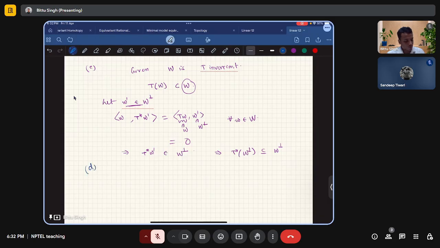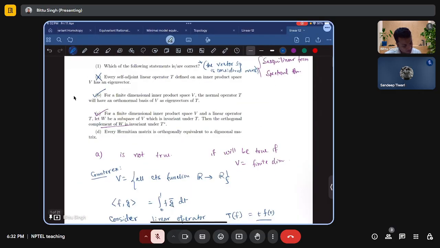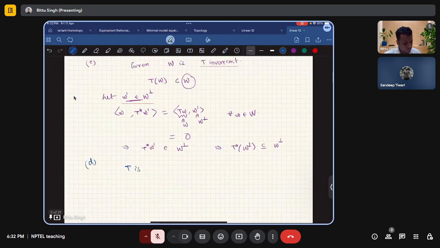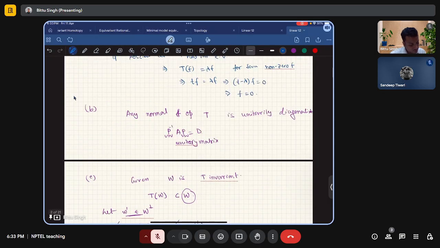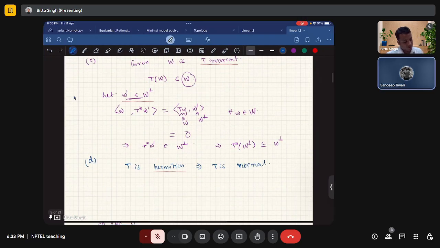Given T is Hermitian, and Hermitian and self-adjoint are the same, T is in particular a normal operator, and I have just stated that T is unitarily diagonalizable.